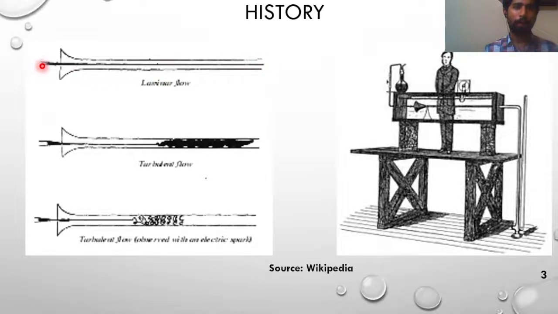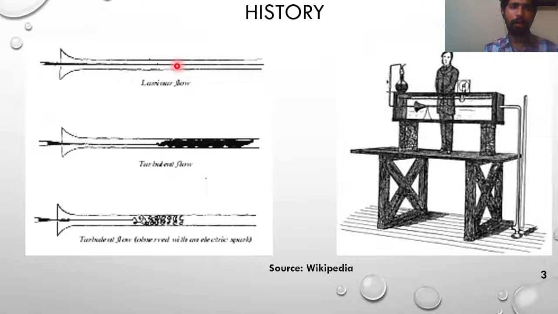What he observed was that when the flow rates were very small, the fluid flow was happening in a very layered fashion. That is, this center layer was not colliding with the top or bottom layer, and it was going smoothly. All the layers above and below were also going in a parallel fashion smoothly. This was later termed laminar flow.